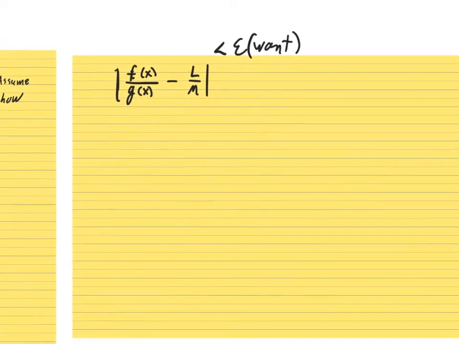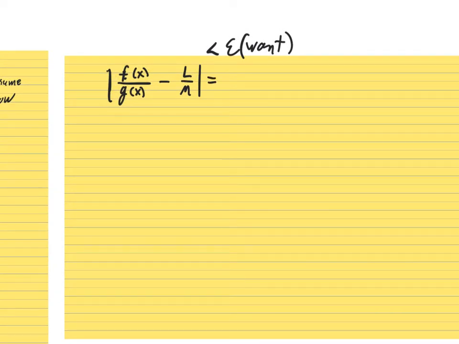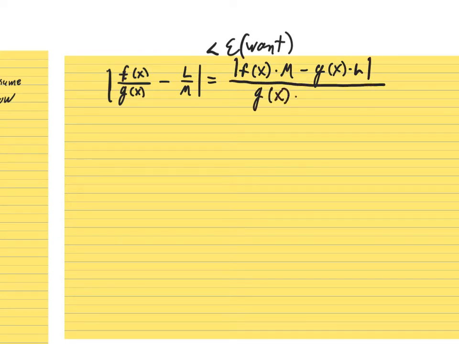So let's just take that and analyze it. That's the same thing as the absolute value of f of x times m minus g of x times L, all over g of x times m. Oh, need more absolute value bars.